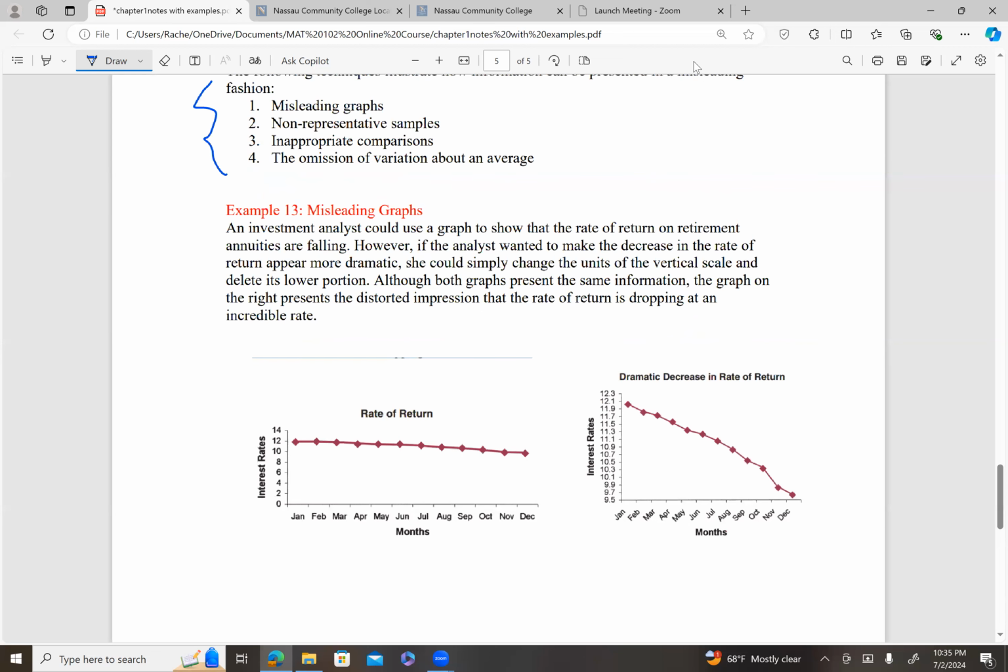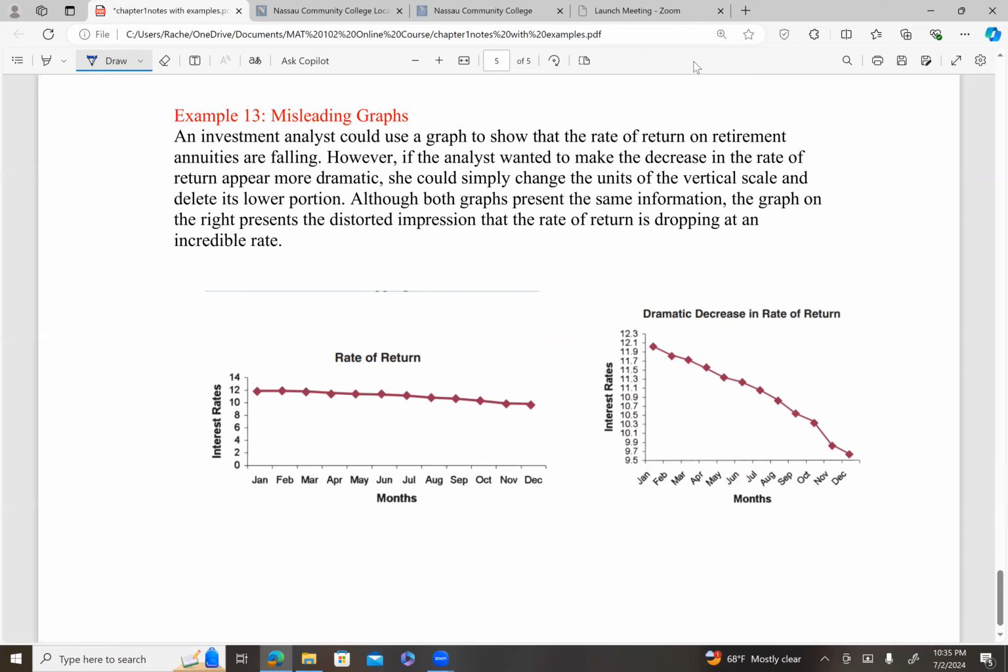If we look at the one on the left, the vertical scale in terms of interest rates starts at 0, goes to 2%, 4%, 6, 8, 10, 12, and so on and so forth. So when the information was plotted on this graph month by month, it looks like a very gradual decrease in the return rate.